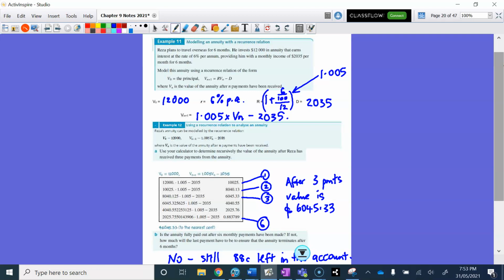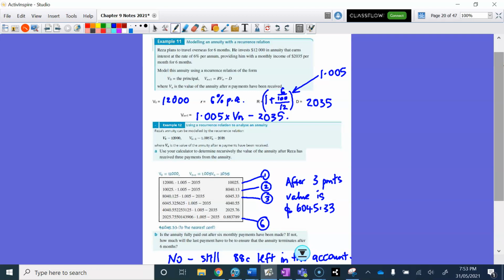So rather than spending his entire allowance of $12,000 in the first month while he's overseas, this is a way that he can budget that income and try and make it last for 6 months.